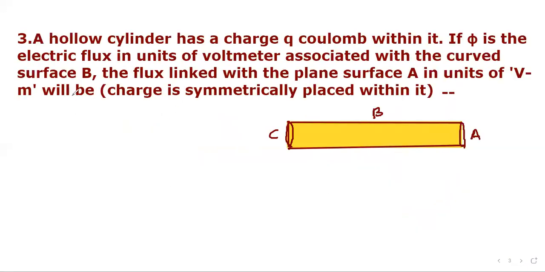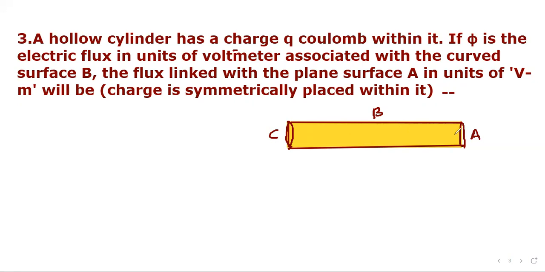Next question says, a hollow cylinder has a charge q coulomb within it. If phi is the electric flux in the units of volt-meter associated with the curved surface B, the flux linked with plane surface A in units of volt-meter will be.